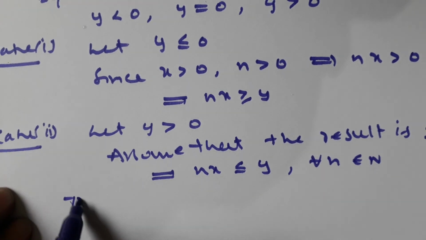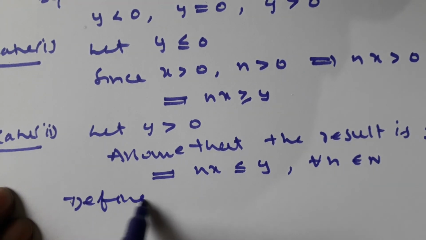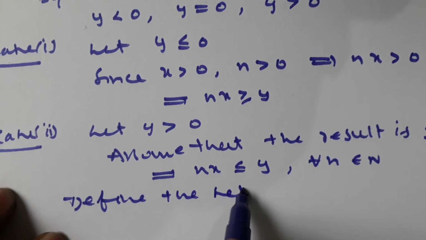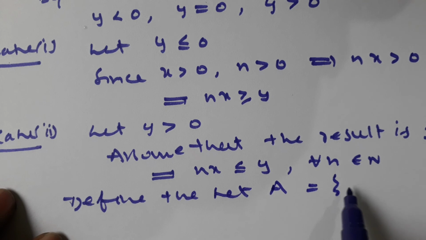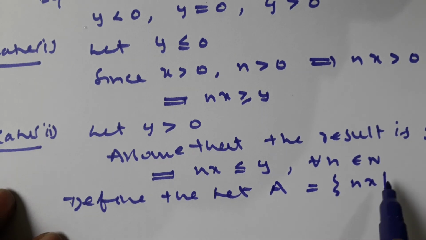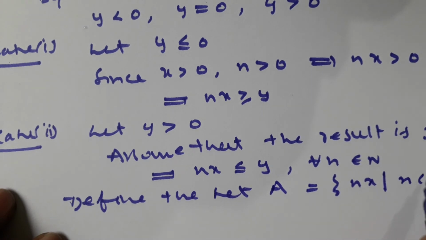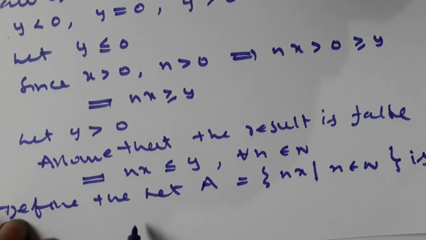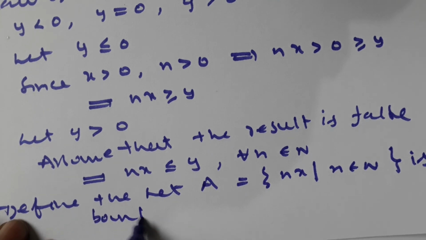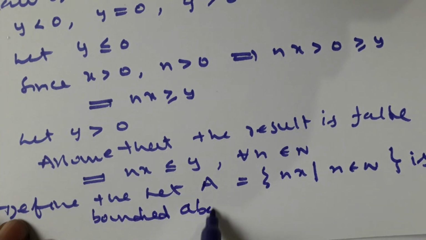Define the set A. Define the set capital A equal to the set of nx such that n belongs to N. A is bounded above.